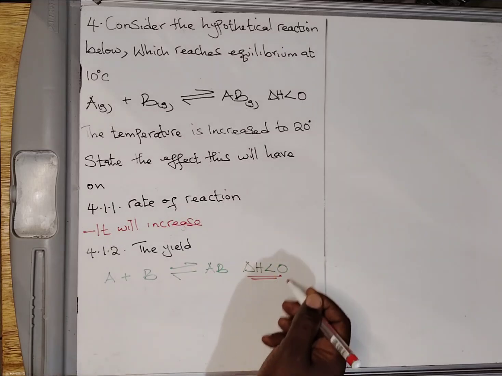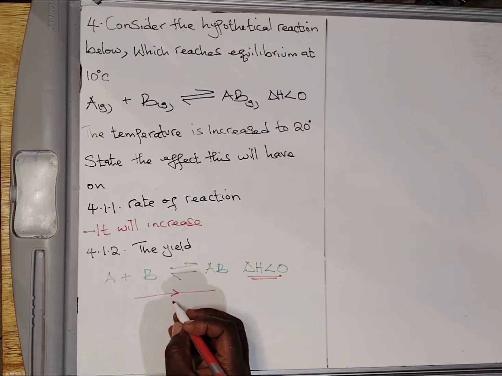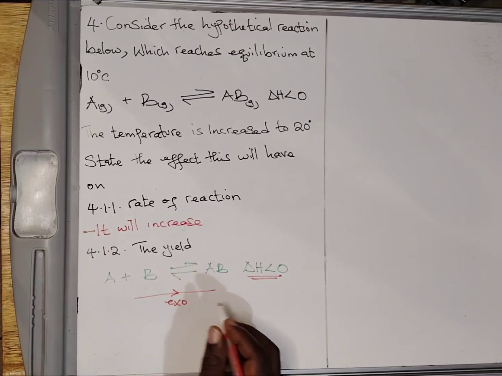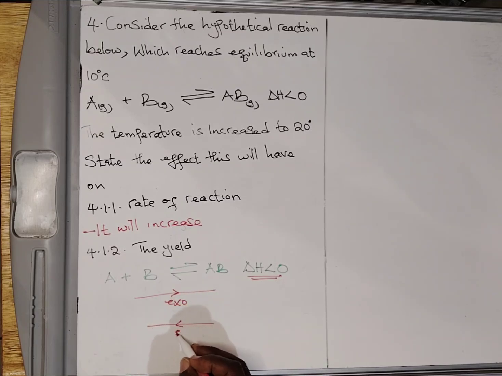Whatever is here represents forward. So the forward direction of this reaction is exothermic, which means the reverse is opposite, meaning endo. You have to remember that increase in temperature favors endo and decrease in temperature favors exo.